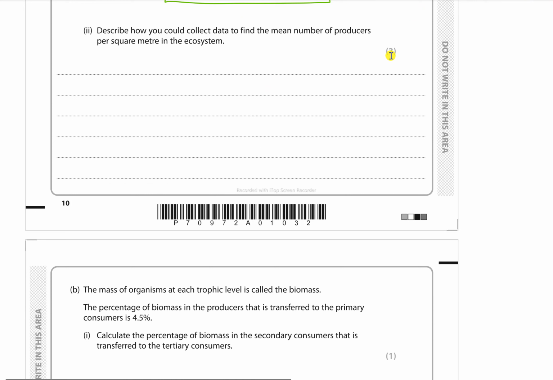Describe how you could collect data to find the mean number of producers per square meter. This is again a standard answer.